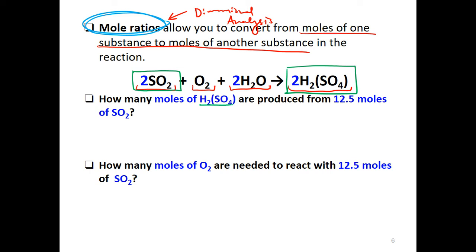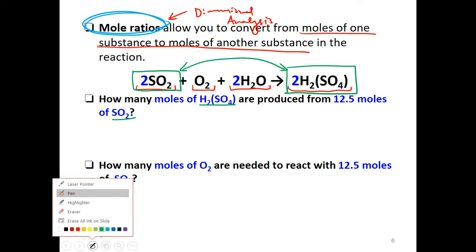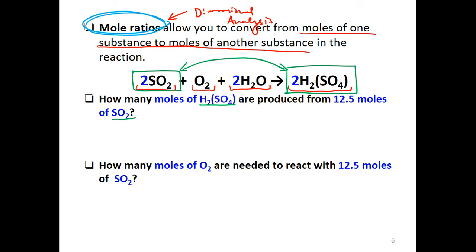Sulfuric acid and SO2 are the things being compared. Now, remember the mole ratios we just talked about? We should write the mole ratios that represent sulfur dioxide and H2SO4. You can put SO2 on top and H2SO4 on the bottom, and the other one will have H2SO4 on the top and SO2 on the bottom.